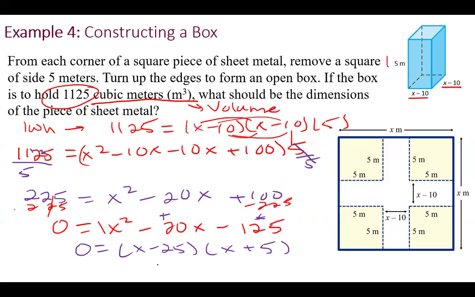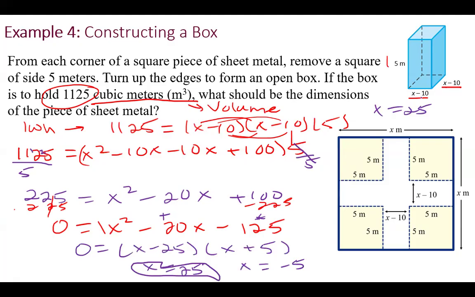So our solutions are x equals 25 and x equals negative 5. Which one of these can be a measurement? Okay, you have a negative measurement? No. So the answer is 25. So we know that x equals 25.